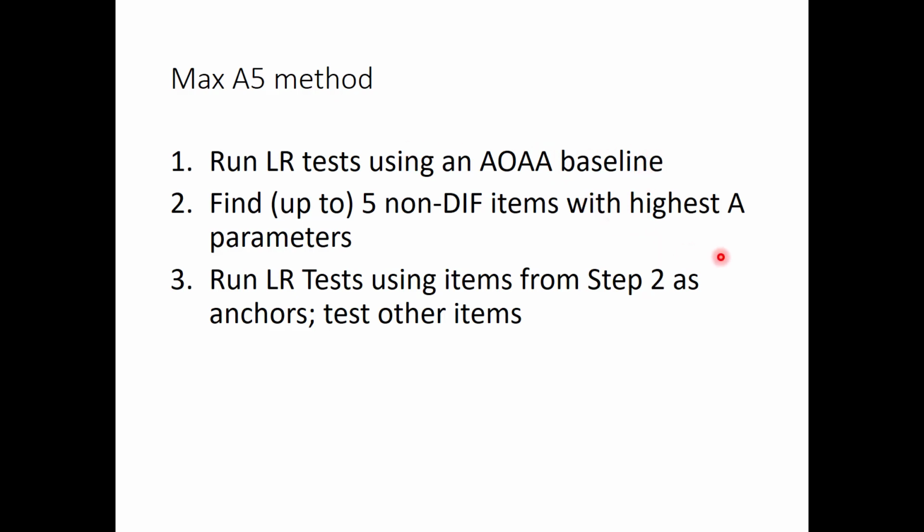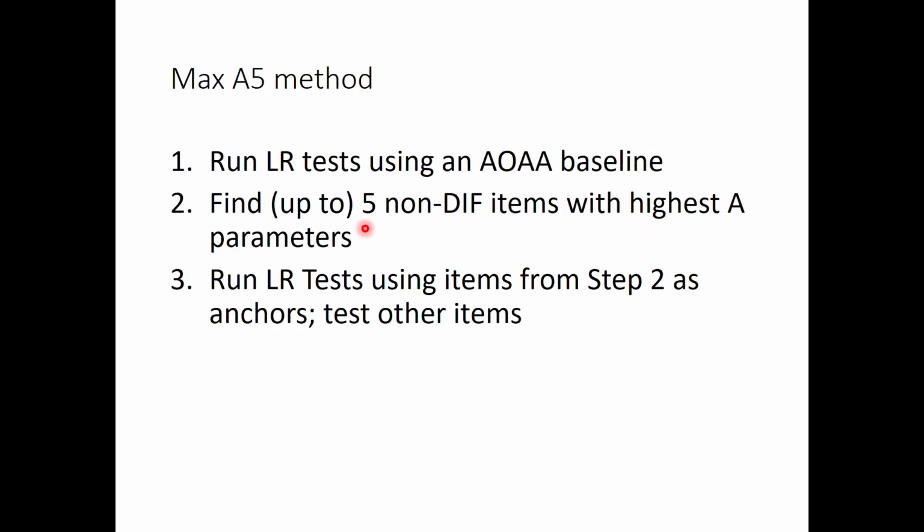You can't test it again, right? You're not testing it, you're assuming it doesn't have diff. And so that can actually mess up your test. And so the idea is you don't want to choose any more items as anchors than you have to, because you want to be able to test the items for diff again if possible. So we're going to choose up to 5 non-diff items with the highest A parameters.